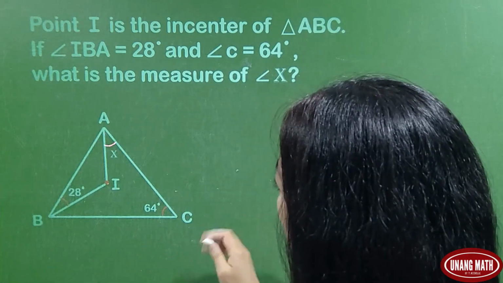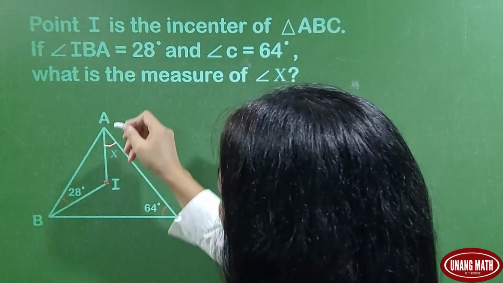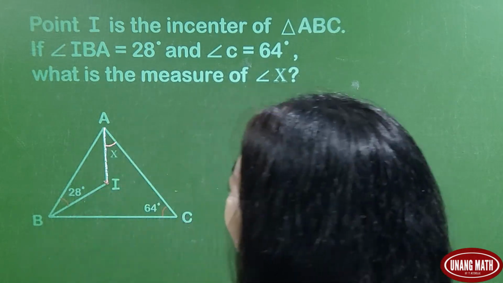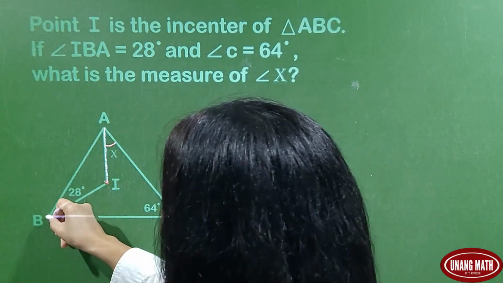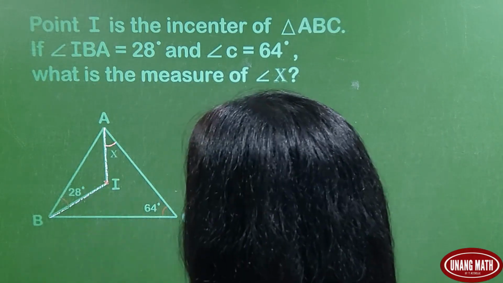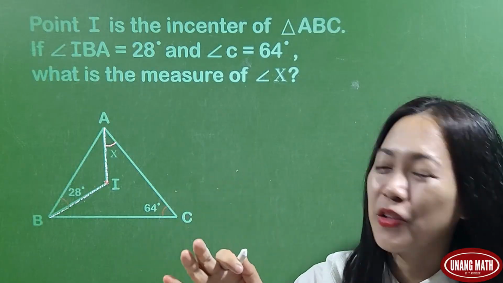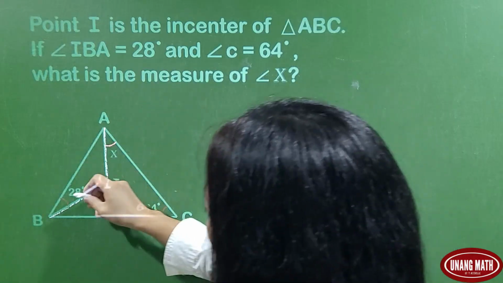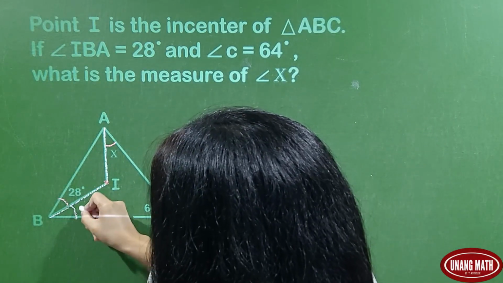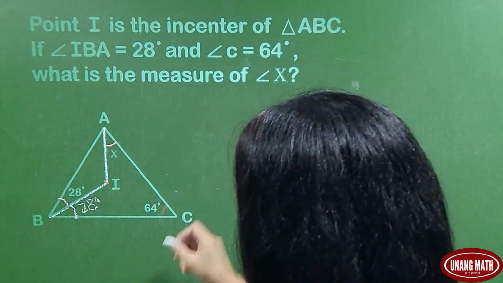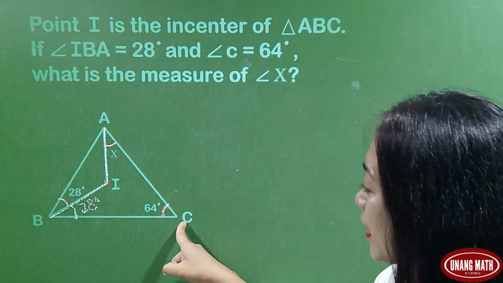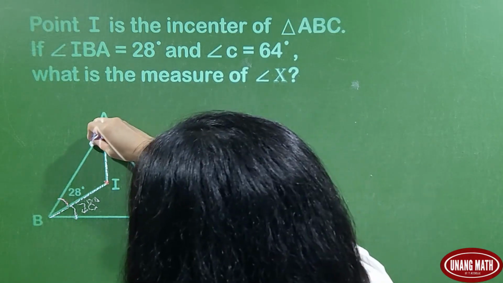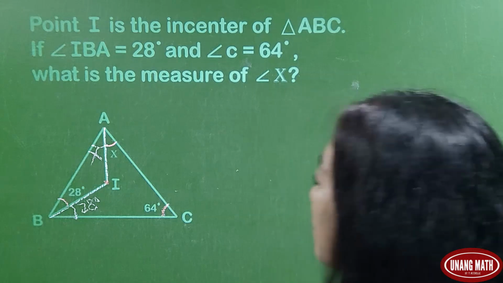By looking at this figure, I is the incenter. That means from this point to this point is an angle bisector. This point to this point, another angle bisector. Again, an angle bisector cuts the angle into equal angles. So if this is 28 degrees, then this is also 28 degrees. We are given that this angle is 64 degrees. If this is x degrees, then this is also x degrees.